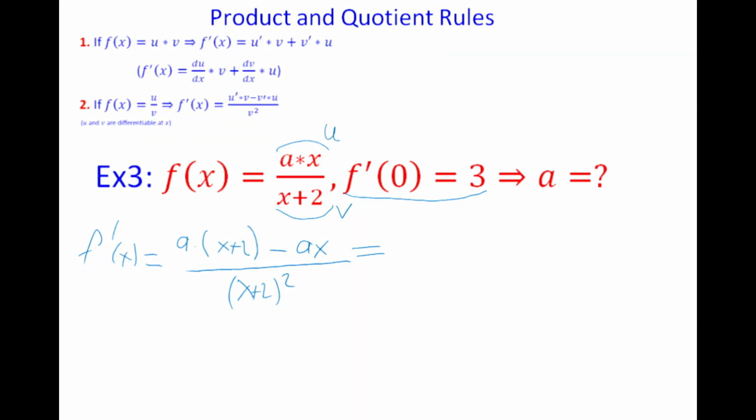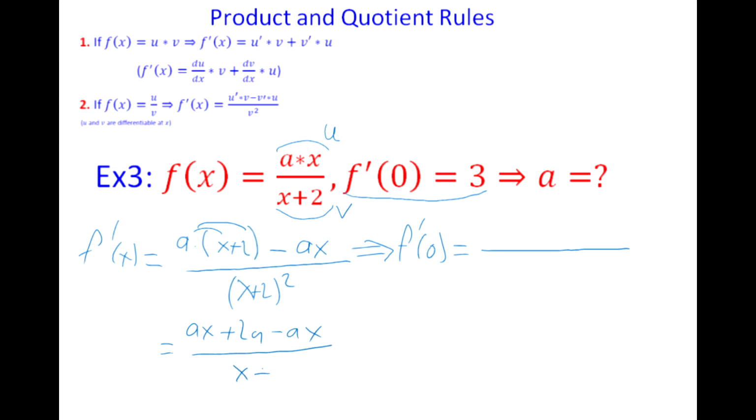So let's apply it here. f prime of, I'm going to put 0 instead of x. And this is going to be equal to, guys, if you distribute, by the way, this a into the parentheses, then we're going to have, let me actually rewrite it here. We're going to have ax plus 2a minus ax divided by (x plus 2) squared, and still this is equal to f prime of x.